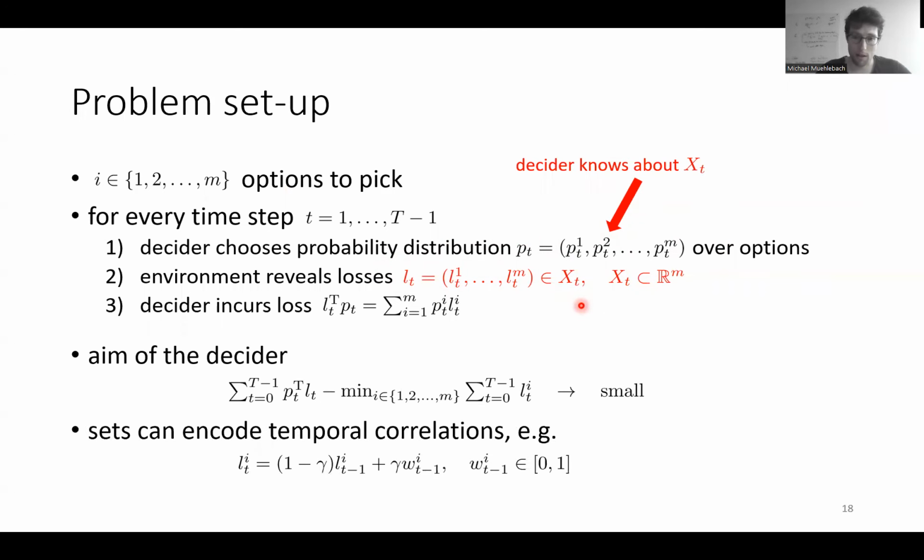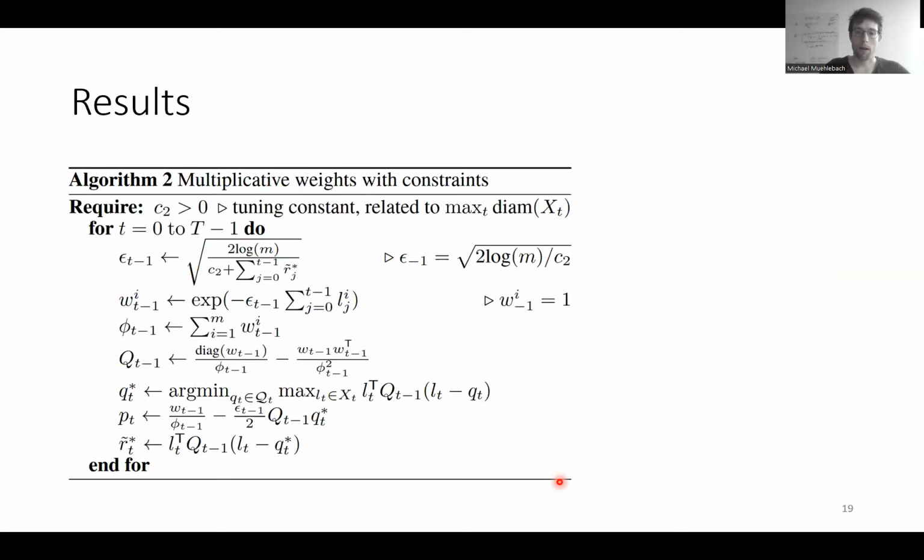One interesting situation that can be modeled with these sets is the case where the losses are correlated over time, for example where l_t,i is given by (1 minus gamma) times l_t-1,i plus gamma times some disturbance, and the disturbance is, for example, in the unit interval from 0 to 1. It's one example. Okay, and here's the algorithm that we obtain.